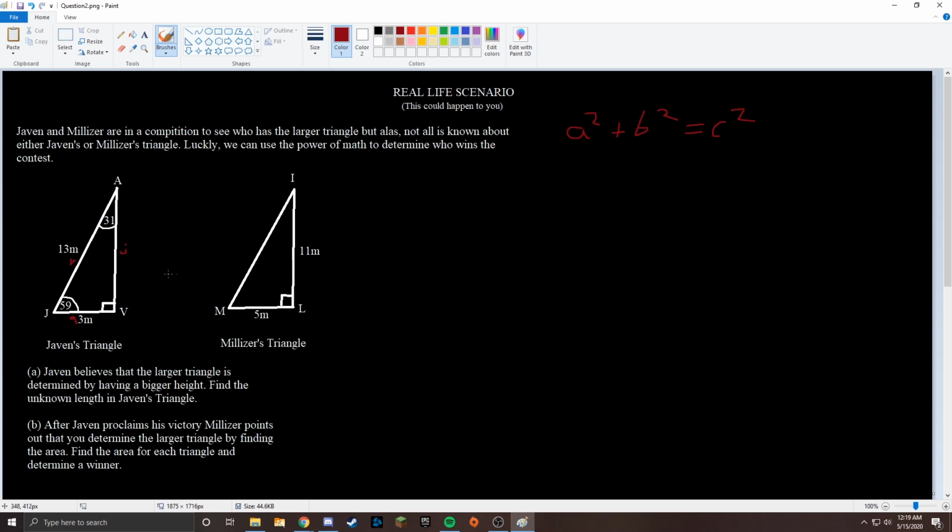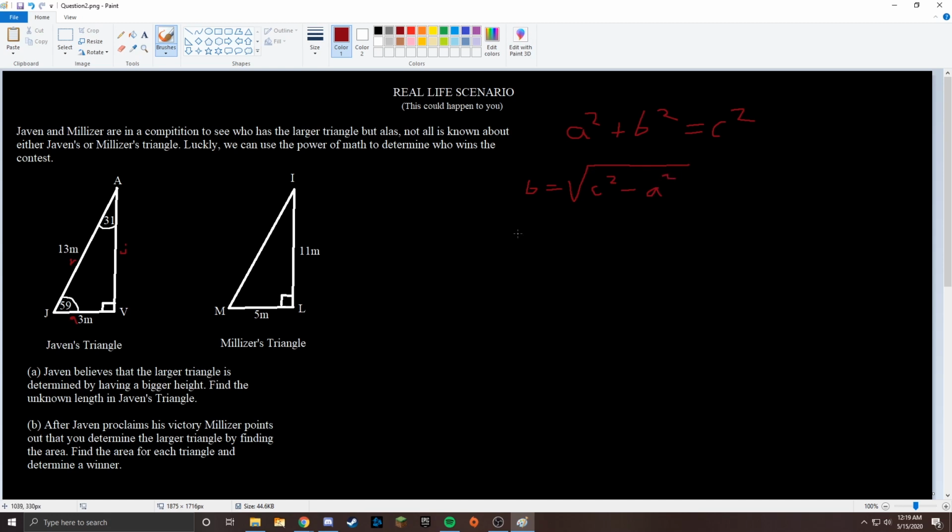So what you can do if you're solving for lowercase j, or if you're using ABC, it would be lowercase b. We can reformat it like this. b is equal to the square root of c squared minus a squared.